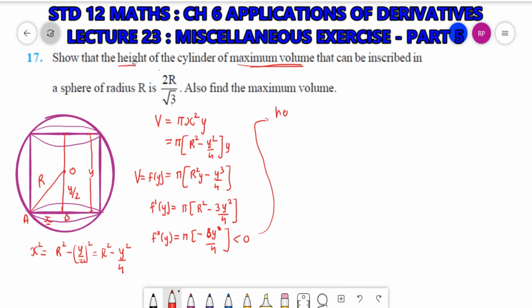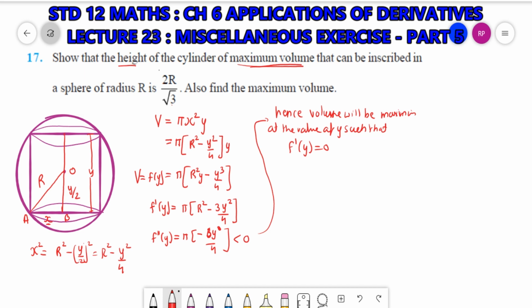Hence volume will be maximum at the value of y such that f dash y will be equal to 0. f double dash y is going to be negative, so the volume will be maximum.